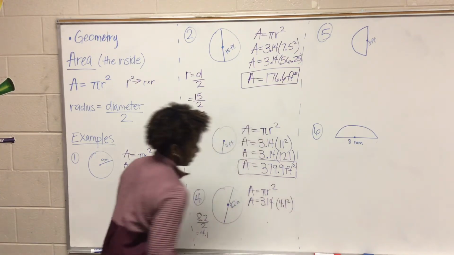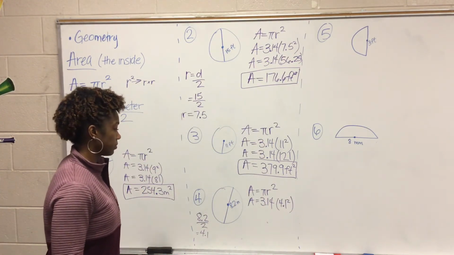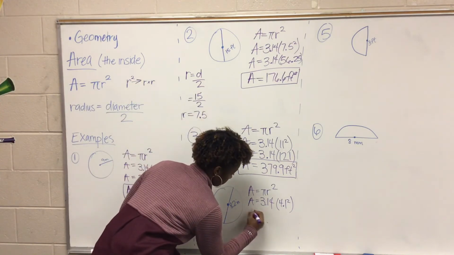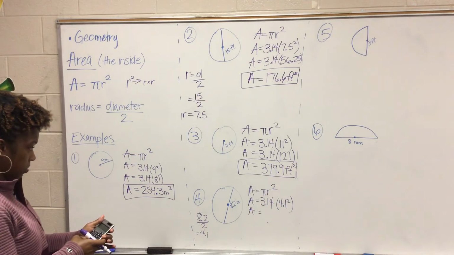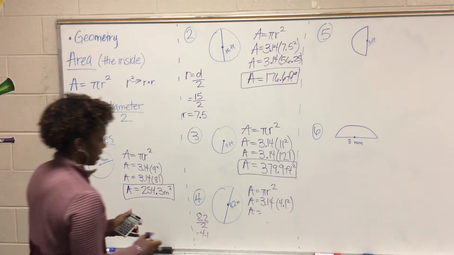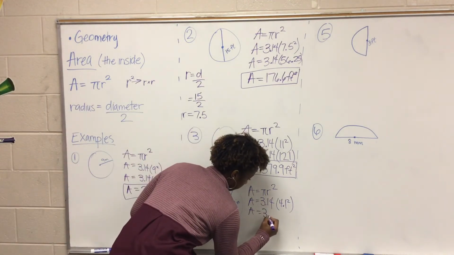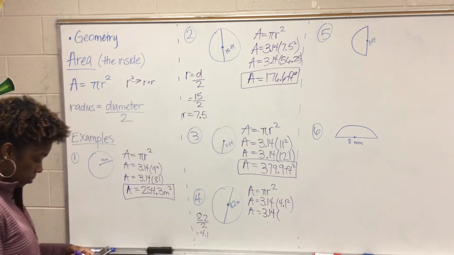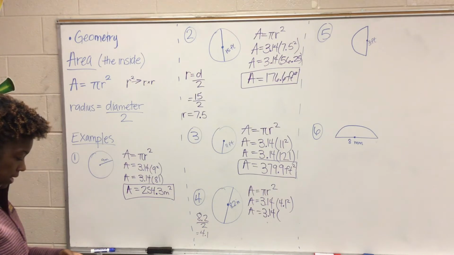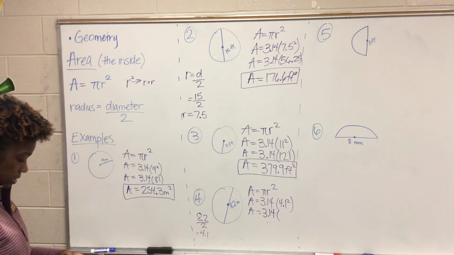Then we have to square that. So now we have 3.14. Oh, I'm sorry. Bring down 3.14. Then you have to square 4.1. So that's 4.1 times 4.1.